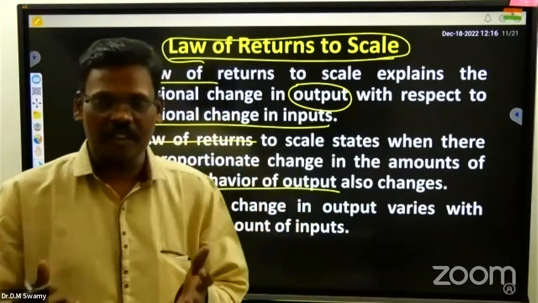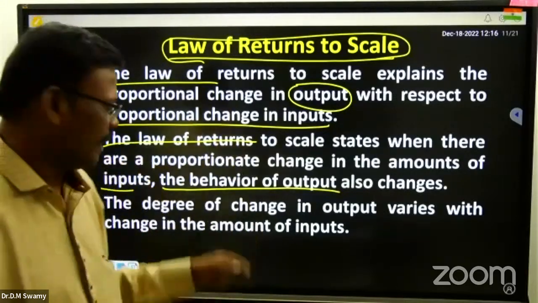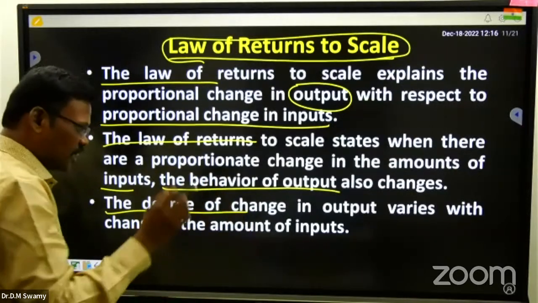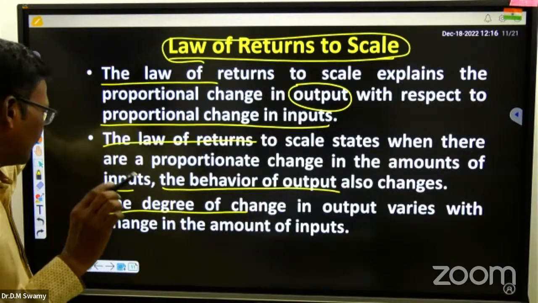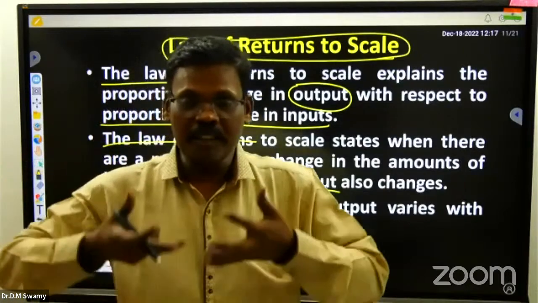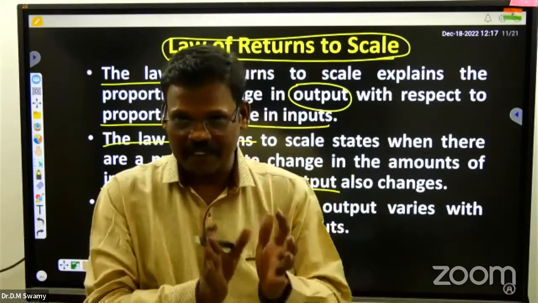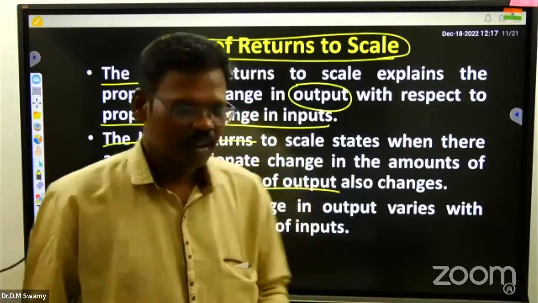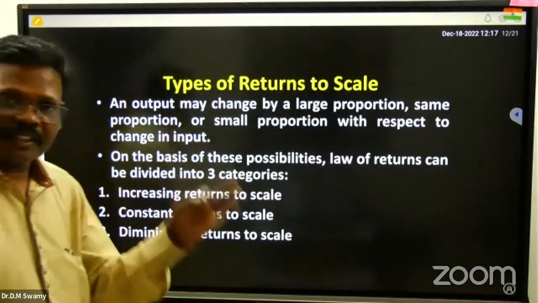So on what basis it changes and how much it changes is explained in this law of returns to scale. The degree of change in the output varies with the change in the amount of the input. That means how much the quantity of output changes will be decided based on the changes of input.